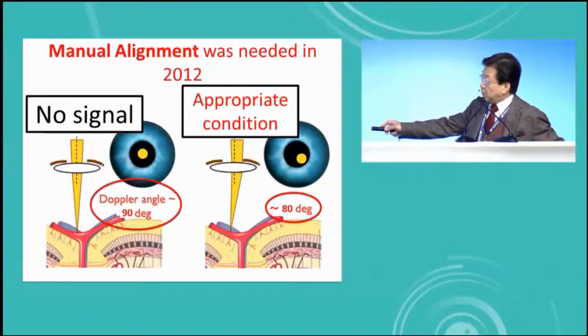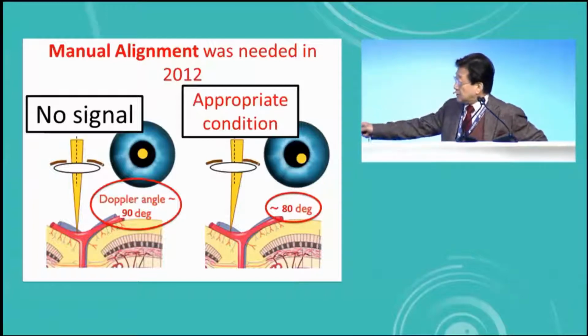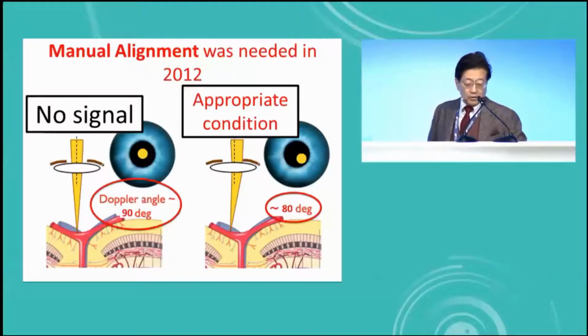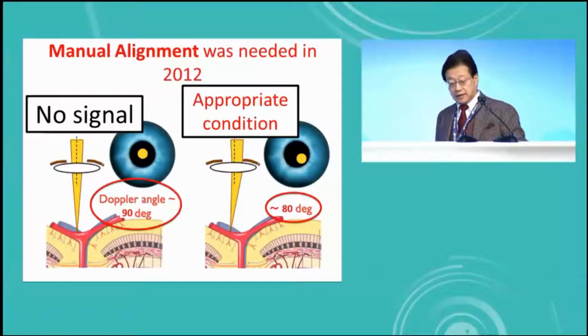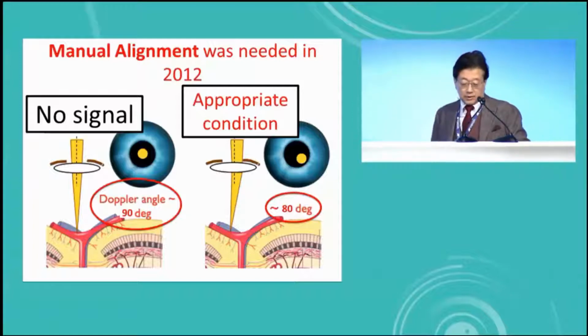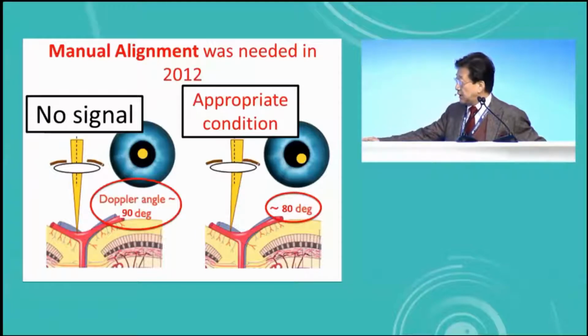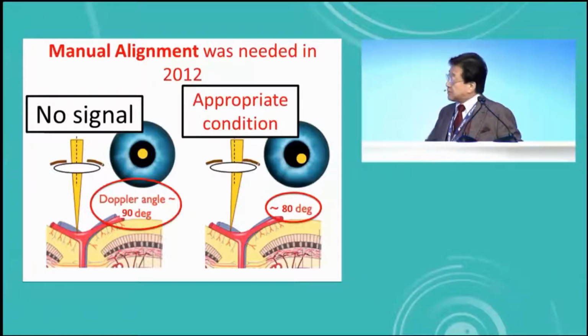This is the pupil, this is the center of the beam, and if you shine like this and the angle between the incident beam and the vessel is close to 90 degrees, no signal is going to be obtained. So at that time, an appropriate condition was needed. We had to bend this beam a little and create something like 80 degrees manually.